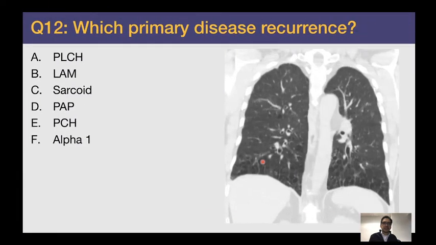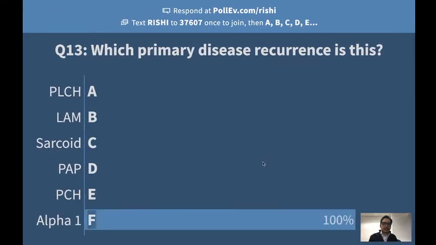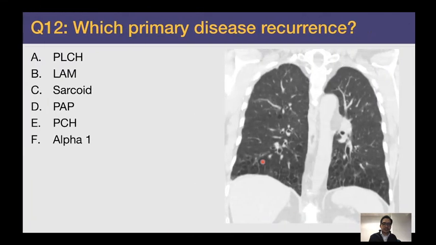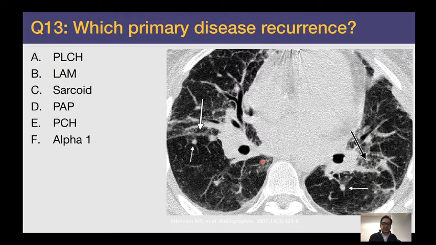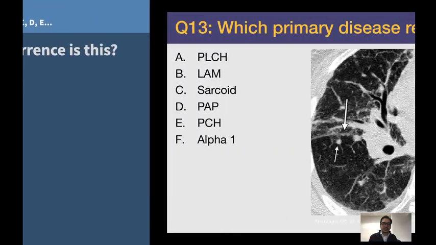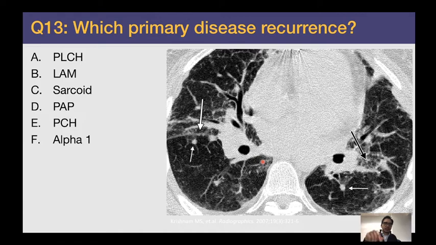Which primary disease recurrence is this? This is a patient with a transplant. Which primary disease recurrence? Let's see what most people are saying here. Alpha 1, all right, I like that. How about this? Which primary disease recurrence is this? That was alpha 1. It was a basilar predominant emphysematous process.